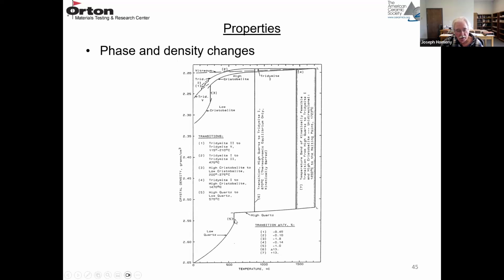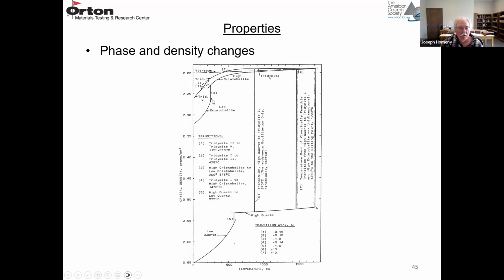And here's your displacive transformation from beta to alpha quartz. And you can see as you increase the temperature, it's pretty flat. So the volume isn't changing that much. The density isn't changing.